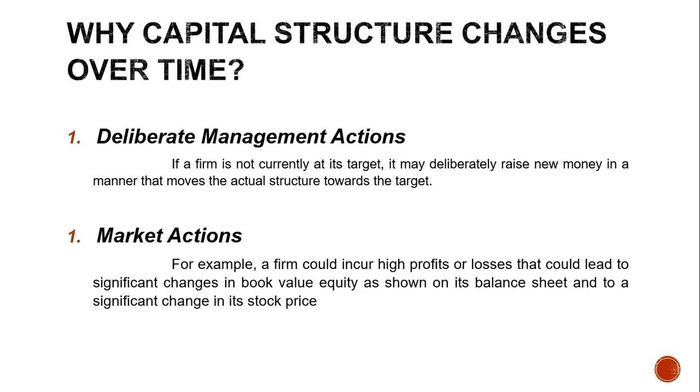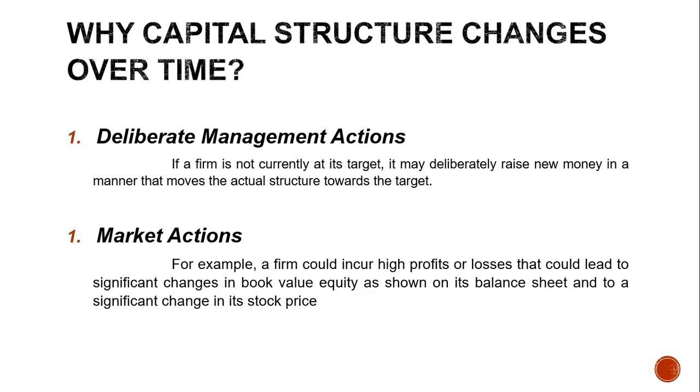Now, why does capital structure change over time? First, there are deliberate management actions. It is the discretion of management how they are going to mix debt and equity. The second one is market action.